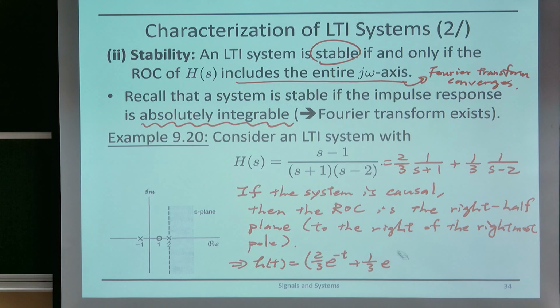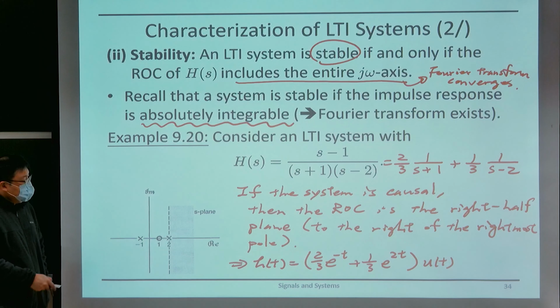Oh, sorry. So this one's actually not decaying. So this is e to the 2t u of t. Because this is causal, we know that the overall ROC is the right half plane. Therefore, the ROC of both of these terms should also be the right half plane. So if you take the inverse transform, this will give you this single-sided exponential, and this will give you this single-sided exponential. Now you can see here that the exponent here is positive.